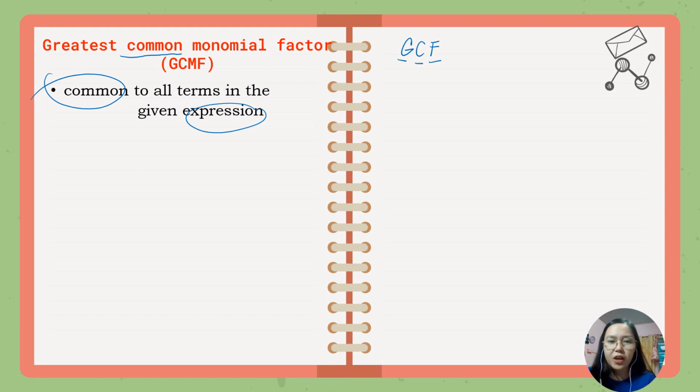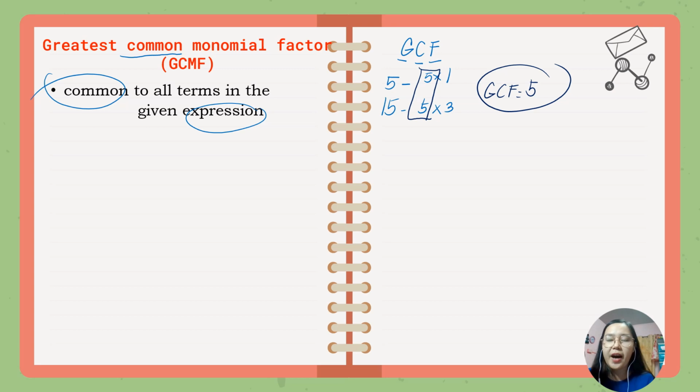Let's say the given is 5 and 15. We need to find out the GCF of 5 and 15. Of course, we need to find the factors first. 5 times 1, the factors of 5, and for 15, we have 5 times 3, wherein they have the commonality of 5. Therefore, the GCF of 5 and 15 is 5.